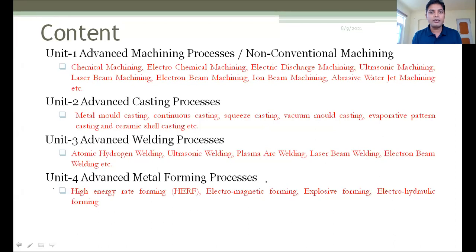First is bulk deformation, and second is where only a small amount of material is deformed. Can you tell me which operations involve bulk deformation?